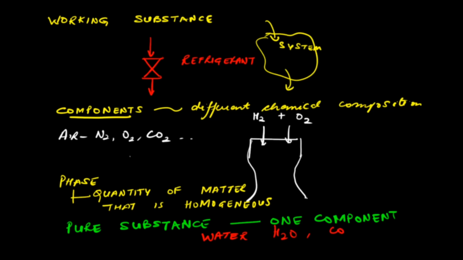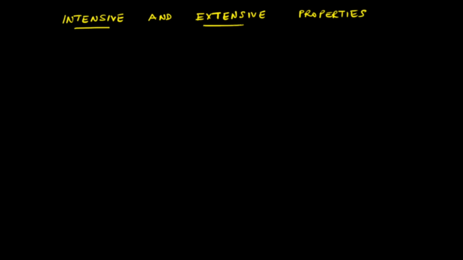Similarly, pure carbon dioxide can also be treated as a pure substance. Next, we look at the definitions of properties, in particular, extensive properties. We've seen how we define a system.